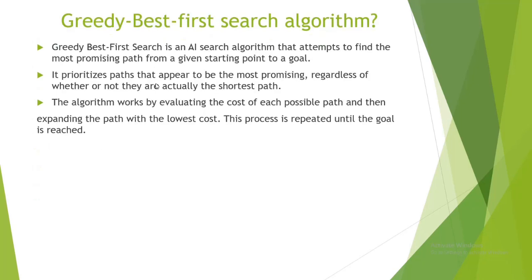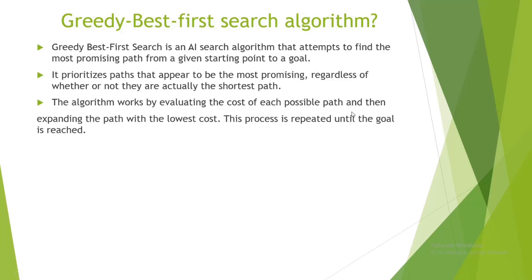Greedy best first search is an algorithm that attempts to find a path from a given starting point to the goal. It prioritizes paths that appear most promising, regardless of whether or not they are actually the shortest path. The algorithm works by evaluating the cost of each possible path and then expanding the path with the lowest cost.